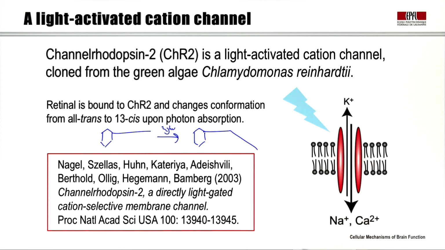And it's a relatively non-selective cation channel, so it's permeable to potassium, sodium, calcium, and also protons. And under physiological conditions, the major conductance is an inward sodium and calcium current that then has a reversal potential of somewhere around 0 millivolts. So in terms of putting it inside neurons, this is an excitatory light-activated channel.